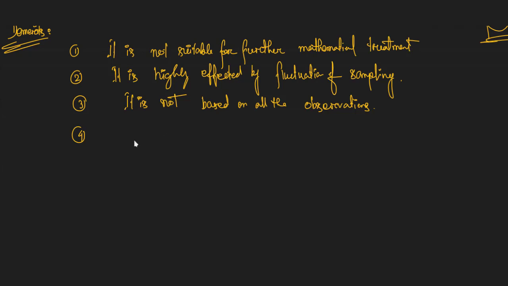In case of ungrouped data, if you have an even number of observations, then it cannot be precisely determined. We just take the arithmetic mean of the two middle values to get a rough idea of the median. So in that case, if the number of observations is even, then it cannot be precisely determined.